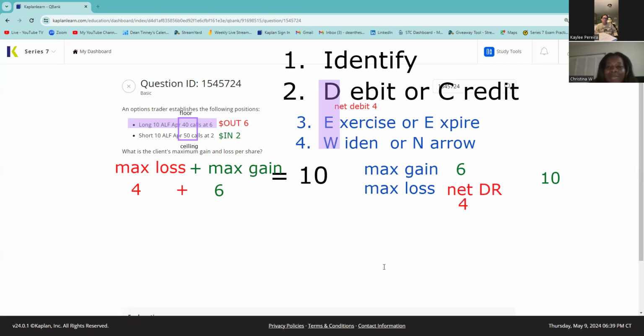We got to have a break even, another test taking trick. We know that the break even has to be somewhere in between these two numbers. So we could eliminate anything offered to us that's outside of 40 or outside of 50. The break even has got to be somewhere in between those numbers.